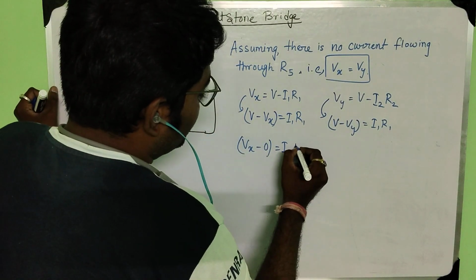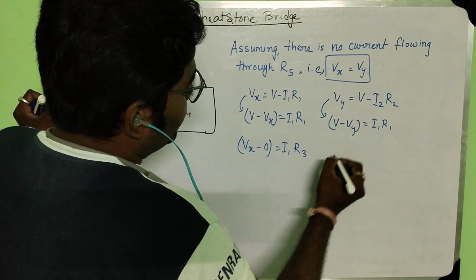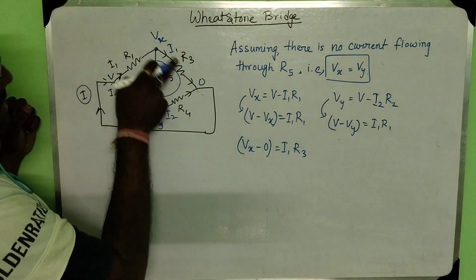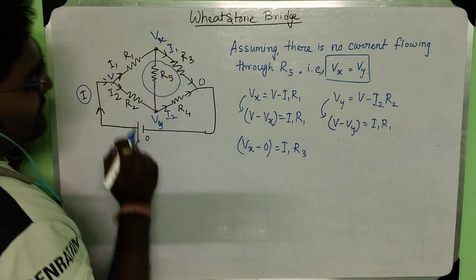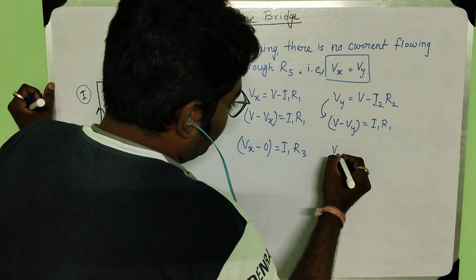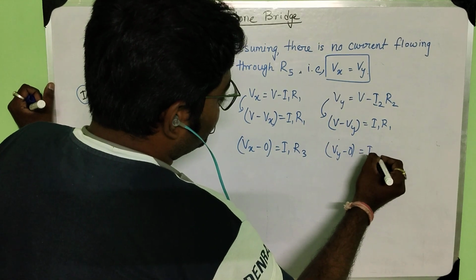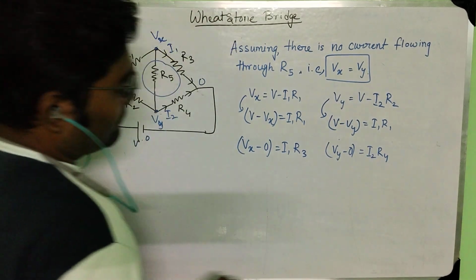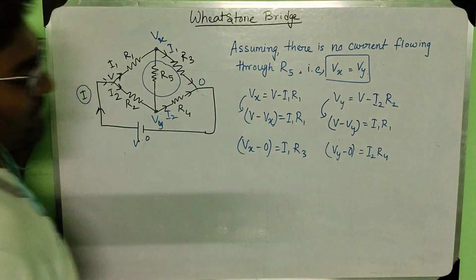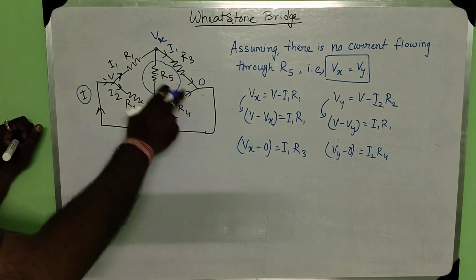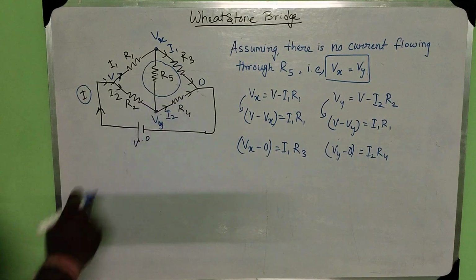So Vx minus V0 equals I1 into R3. Again Vy minus V0 equals I2 into R4. So this one is the potential drop.